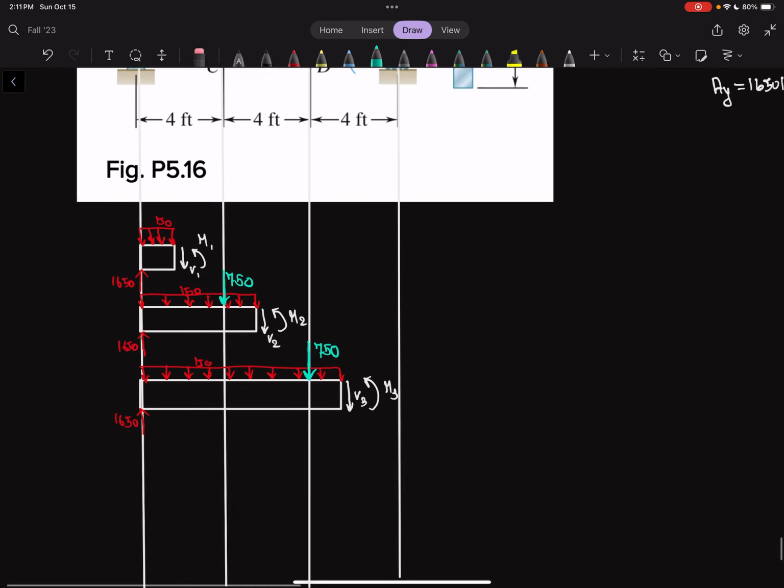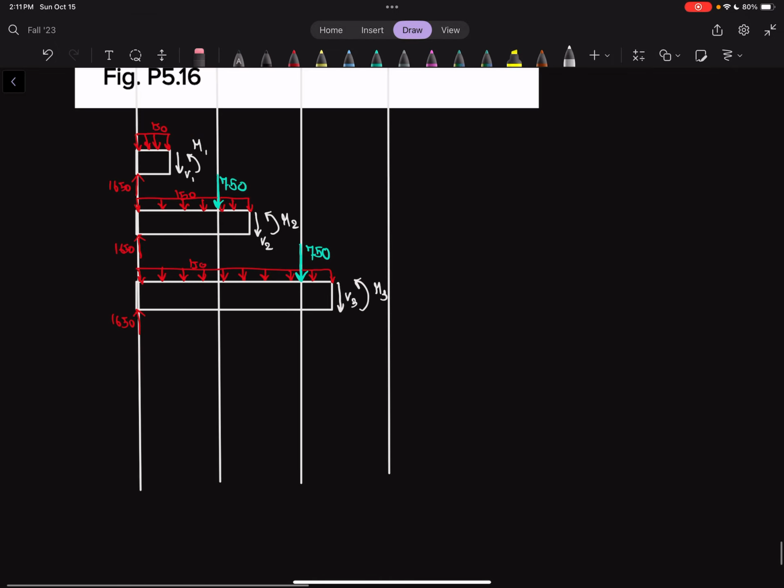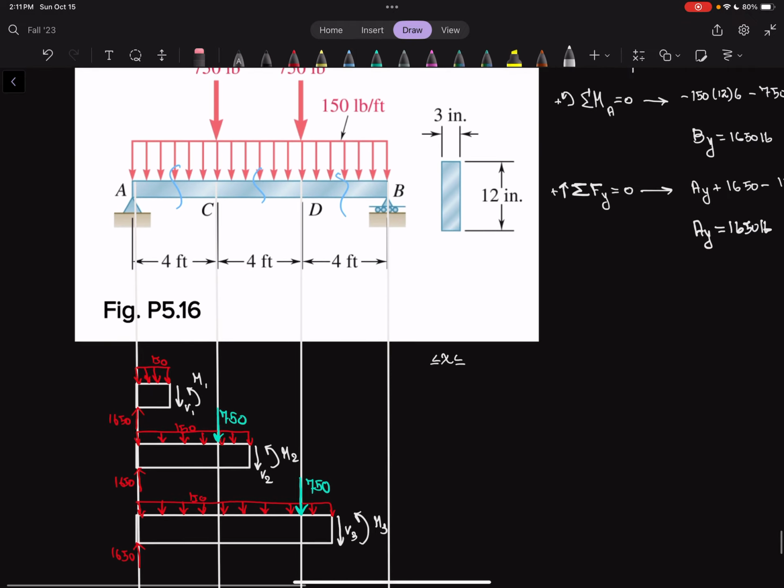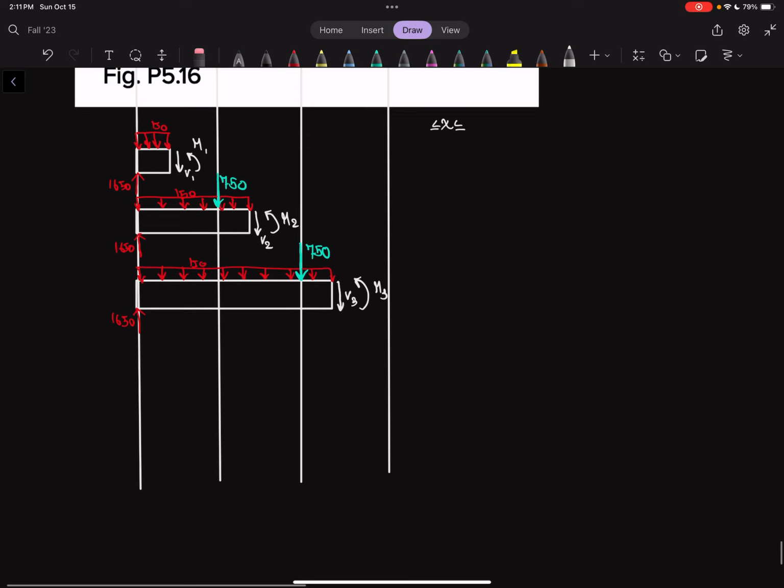All right? So remember what we're after. We're after the stress. Or if we can pick the highest moment, so we don't really need the shear, but it's nice to have it just for review. Then we can use that in the flexure formula, assuming that this is pure bending, which is not, but we can assume that it still works for certain conditions, which are kind of, we're still in the elastic region, this beam is slender, and the moments are symmetric about the y-axis, and the beam is straight, prismatic and homogeneous.